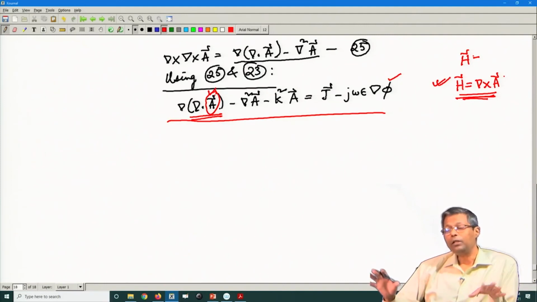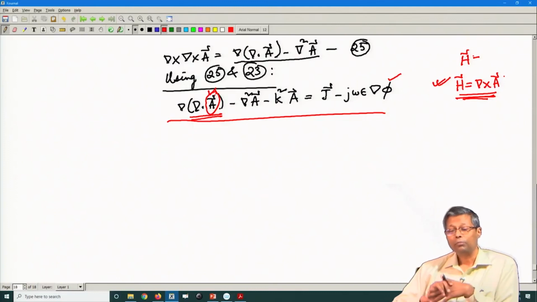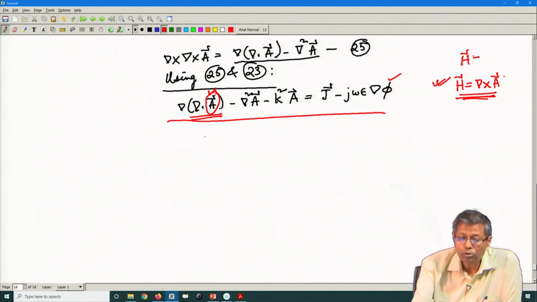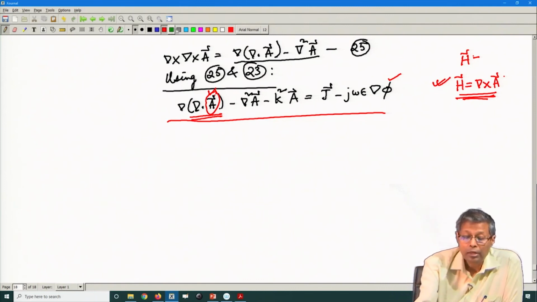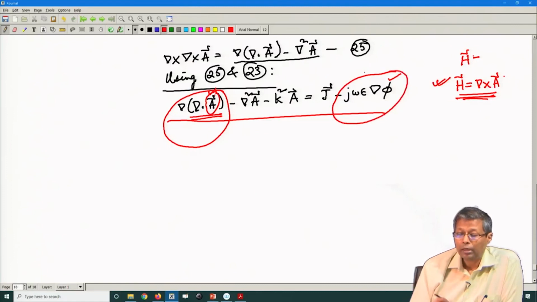Now that we have defined the rotational characteristics of A through H is equal to curl of A, we are free to define the divergence of A, and we will define it in a suitable manner, such that this term and this term simply cancel each other.